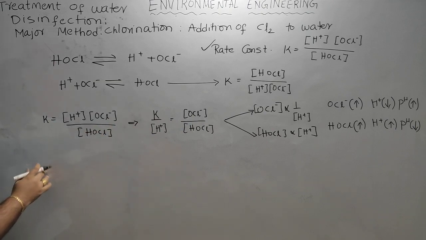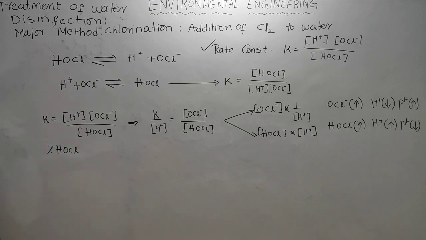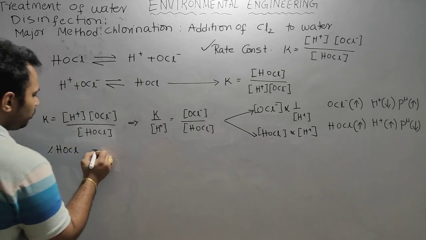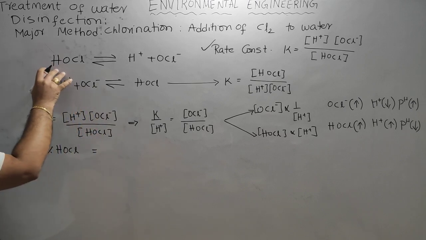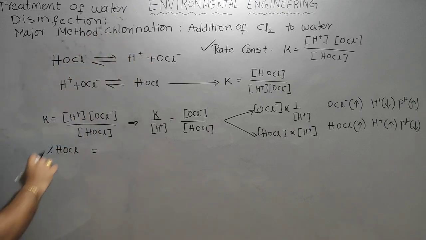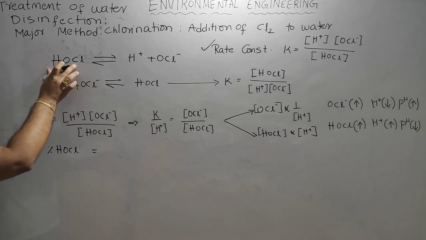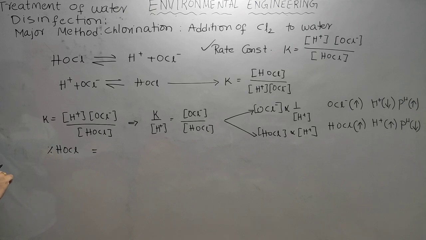If I want to find the percentage HOCl, in this HOCl, depending upon the pH, some amount of HOCl is becoming OCl minus, or completely HOCl is converting into OCl minus depending on the pH of the water.